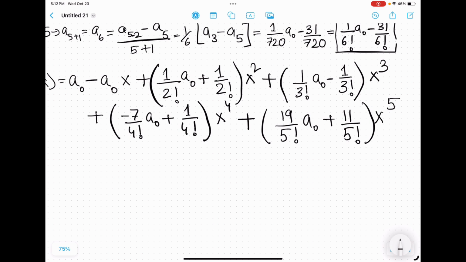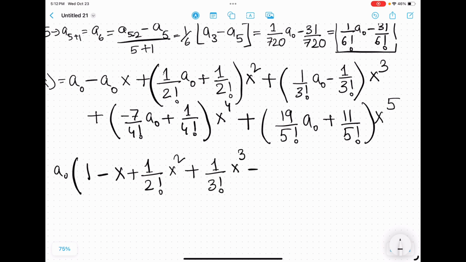So if I do that, I have 1 minus x plus 1 by 2 factorial x squared plus 1 by 3 factorial x cubed minus 7 by 4 factorial x to the 4 plus 19 by 5 factorial x to the 5 and so on.